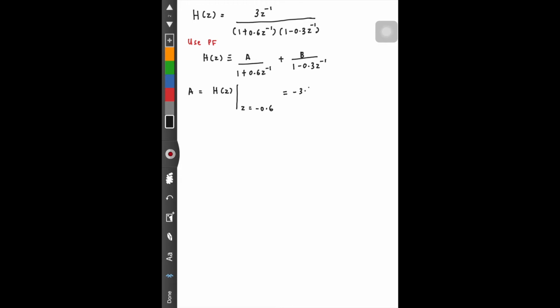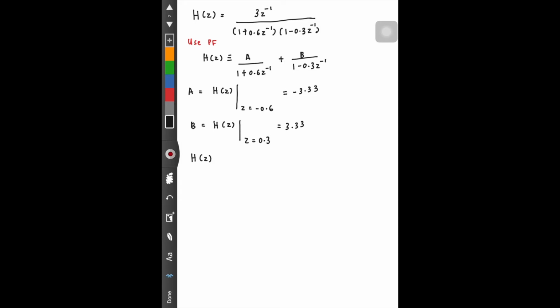So A is minus 3.33. Next, B: you replace z with 0.3, so you will get positive 3.33.